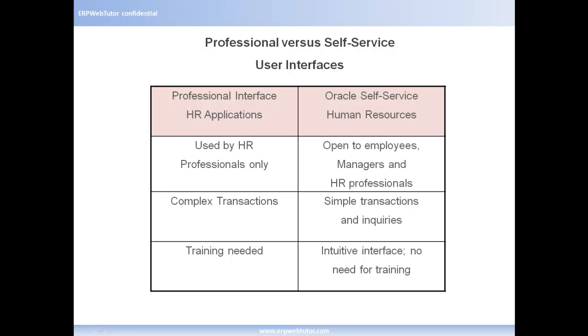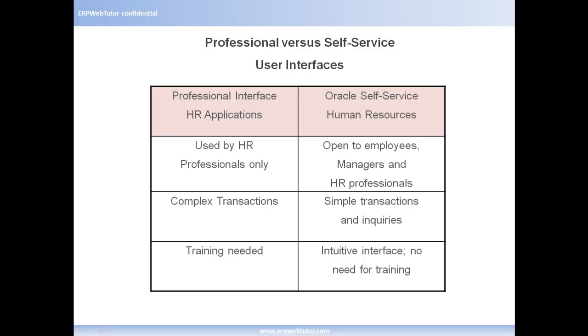If you think of the assignment screen in the professional user interface, it has got a ton of things. It has got the organizations, it's got a job, the supervisor. It has got all the information in one screen, in different tabs, but it's one single screen that can be fairly complex sometimes.